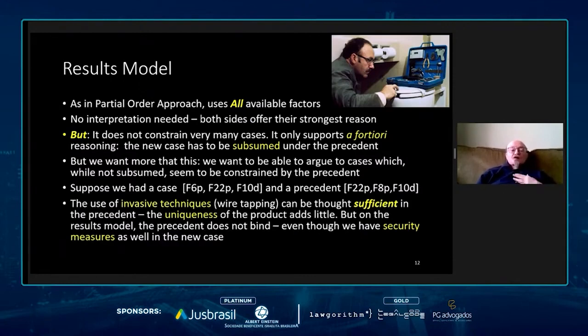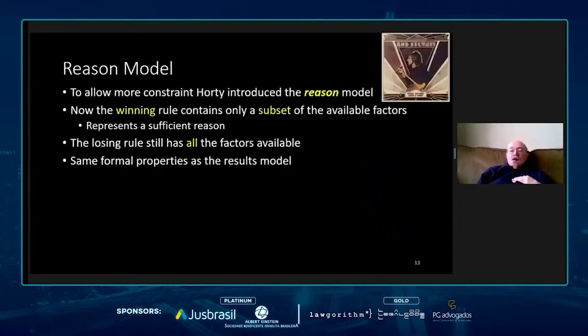We want to say that the use of invasive techniques, such as wiretapping, is sufficient, and the actual uniqueness of the product is irrelevant. But on the result model, the precedent does not bind because the unique product factor is not there. And this is even though we have a much stronger factor, F6, in the new case.